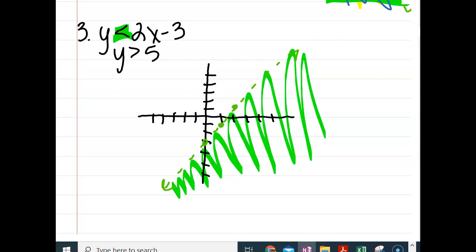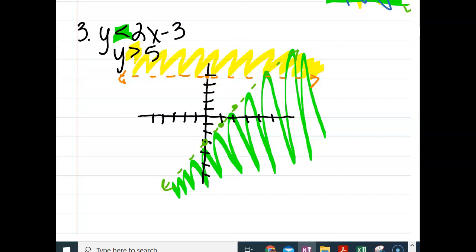So on your y-axis at 5, you're going to draw what kind of line? A dotted line. And then, will I shade above or below that line? Above that line, yeah.